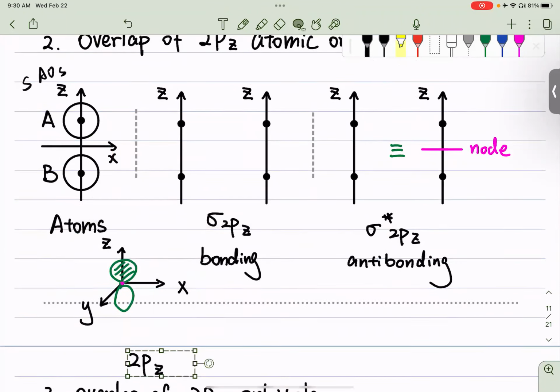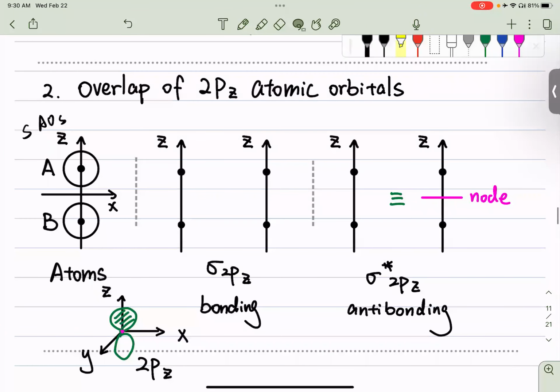We're talking about using the pz atomic orbitals to overlap with each other and construct the molecular orbitals correspondingly. What we're doing here is the same. We just draw the pz atomic orbital like what we did before.